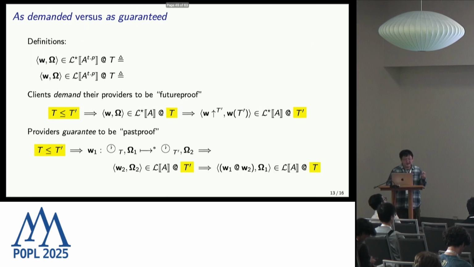Now, dually, these provider guarantees, the non-star versions, require a much stronger version that is dually past proof. What it means is, if you know something's good at t prime, and you know you can get to t prime from t by doing some computation, then you can backwards extend the guarantee to a past that is t. So the star ones allow you to move forward, and the non-star ones allow you to move backwards.